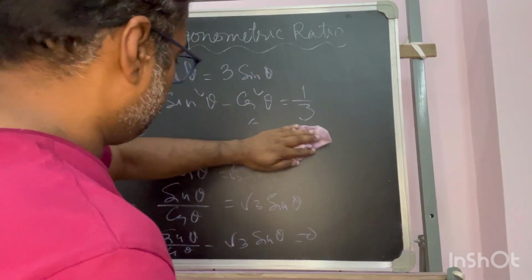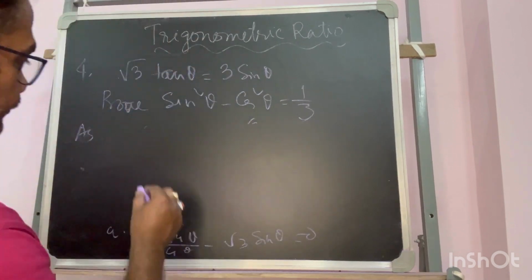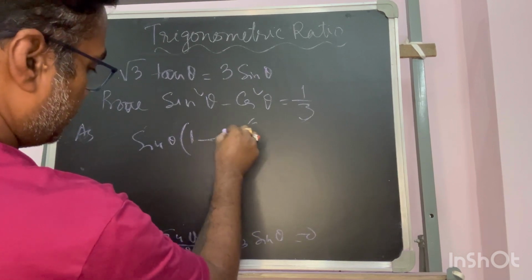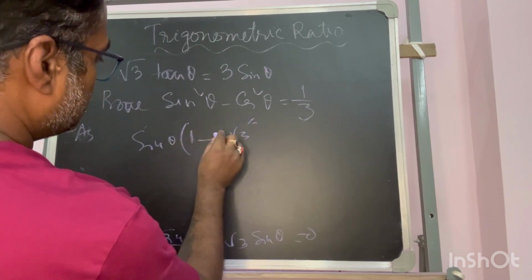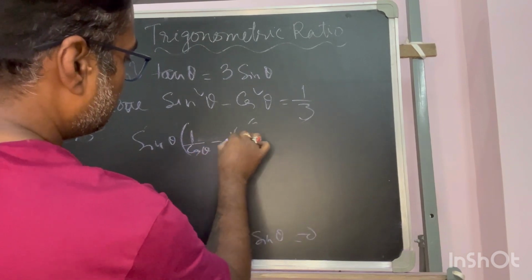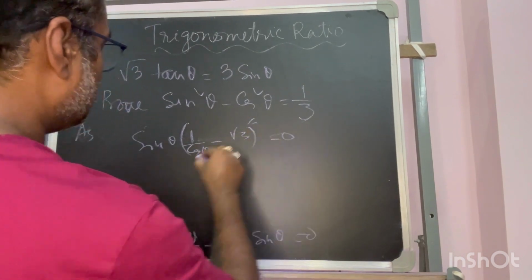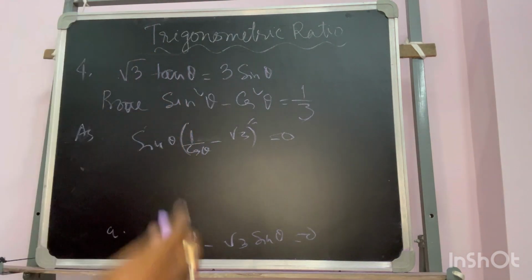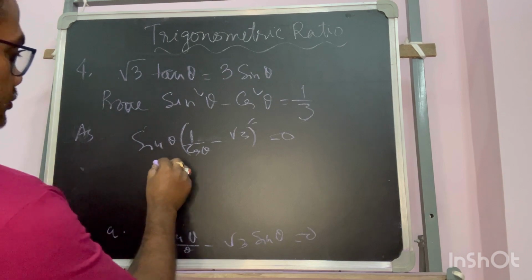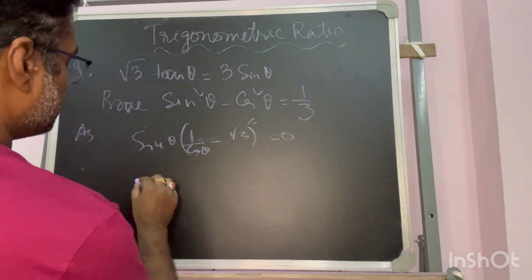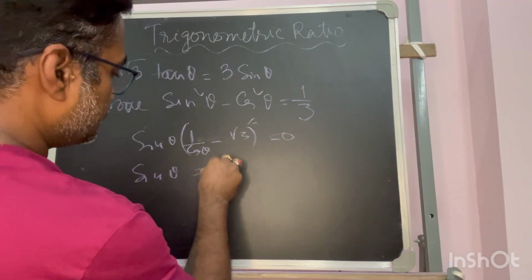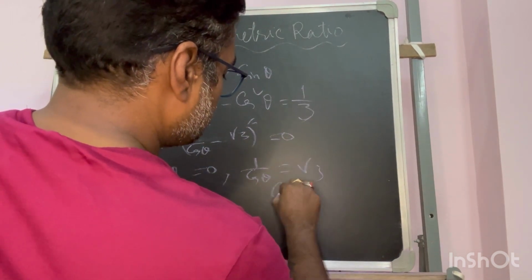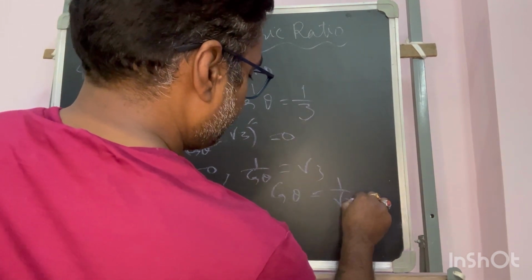Now take sin theta common, so this will be sin theta into 1 by cos theta minus root 3 is equal to 0. That means if this has to be 0, either sin theta is equal to 0 or 1 by cos theta is equal to root 3. That means cos theta is equal to 1 by root 3.